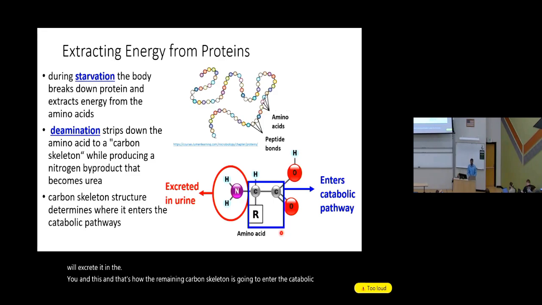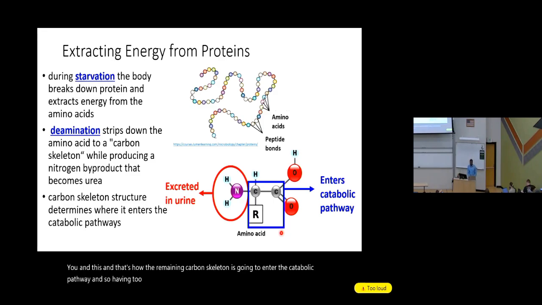And so having too much meat in the diet can result in an excess burden on your body in trying to deal with all of this excess urea which is going to be produced. The remaining carbon skeleton will enter the catabolic pathways depending on the structure of the R group.